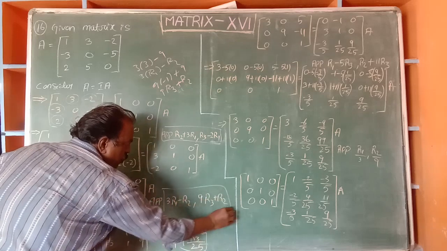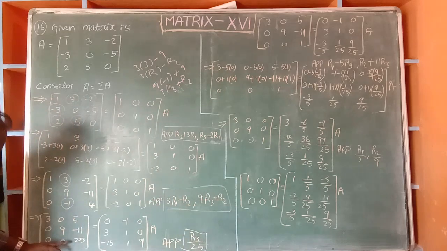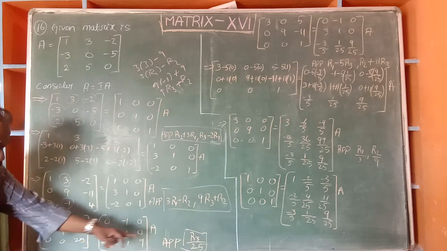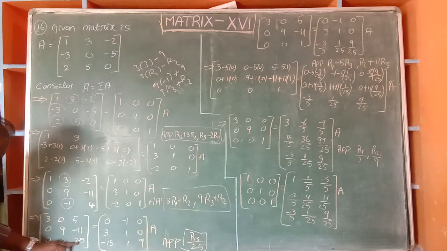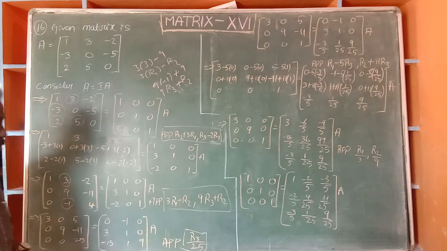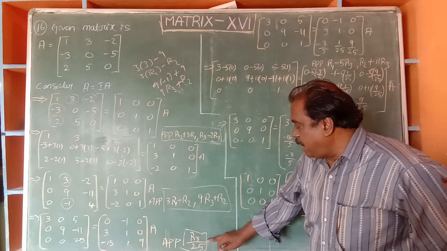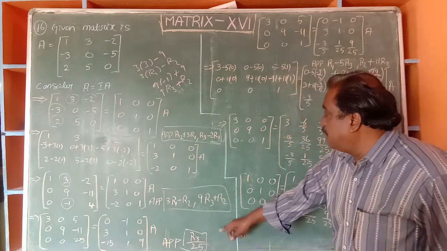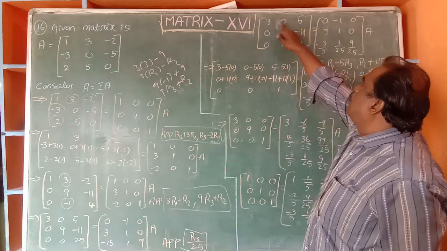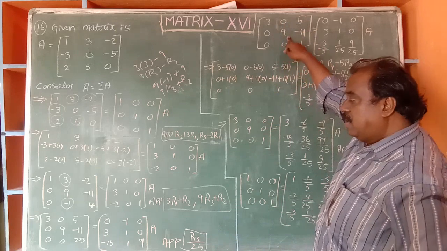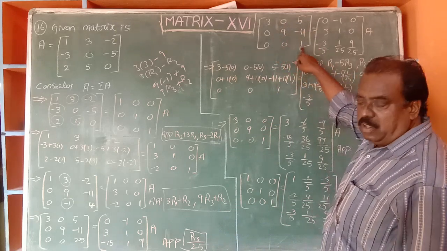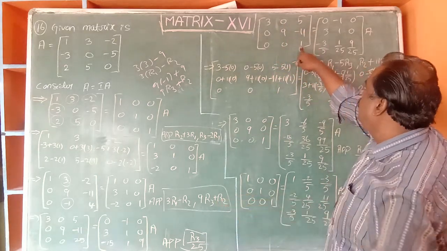So, I am dividing the elements of row 3 by 25. Why? Because 25 is there, 0 by 25 is 0, 0 by 25 is 0. Very simple. By applying this operation, you see 0, 3, 0, 5, 0, 9, minus 11, 0, 0, 25 by 25 is 1.